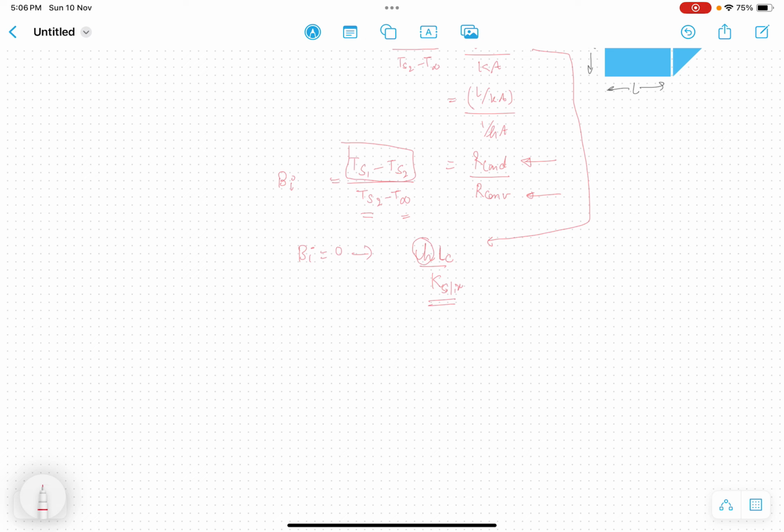okay, and if the characteristic length of the body is very small, let's say ball bearings of vehicles, they have a very small size. If they have a very small characteristic length, then those bodies can be assumed to be lumped.